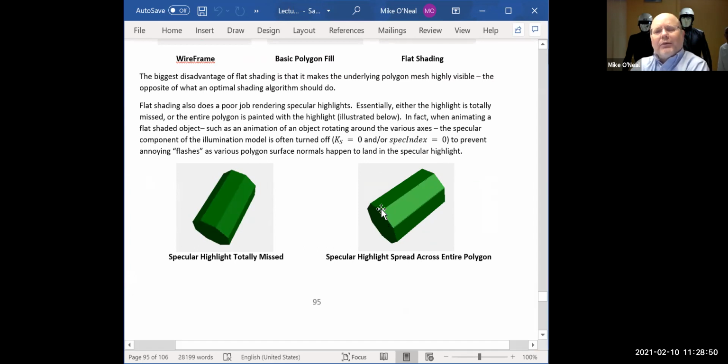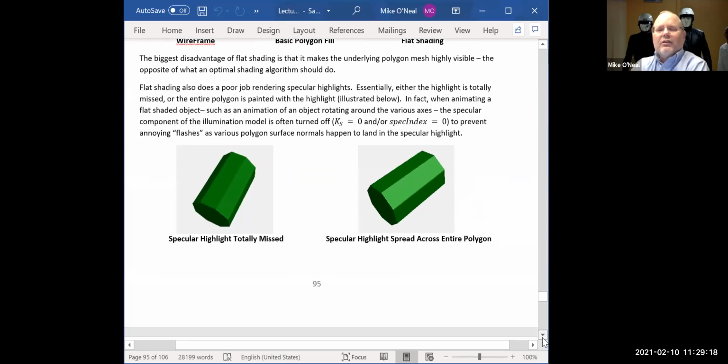But now I'm going to have a surface normal here, which lets me perform an intensity calculation, and a surface normal here, so it lets me perform an intensity calculation, and a surface normal here, so I get an intensity there, and an intensity here. So I will get an intensity value at each of the corners, at each of the vertices of these rectangles. And I'll get that for all of the rectangles.